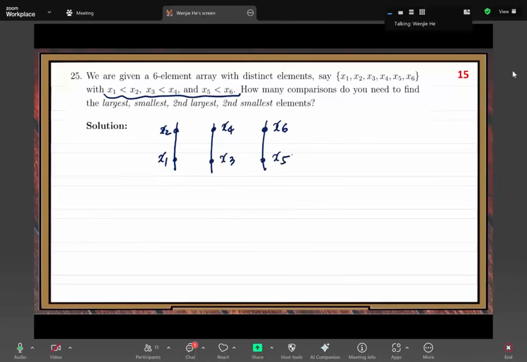So the first round, we want to work on the first 2 pairs. We want to get these 4 elements sorted. Sort these 4 elements.